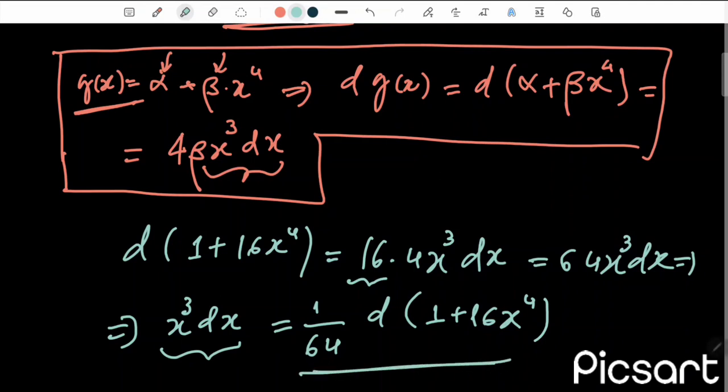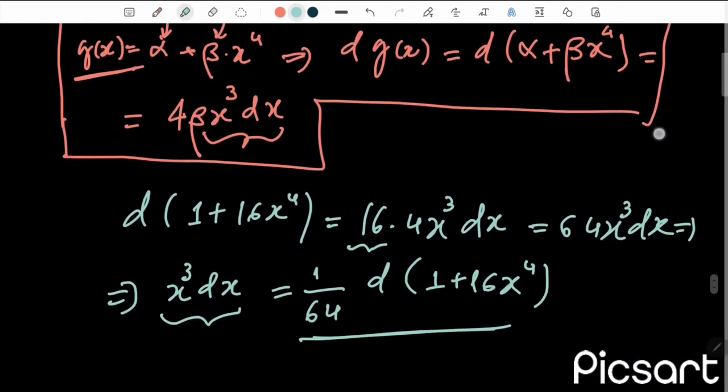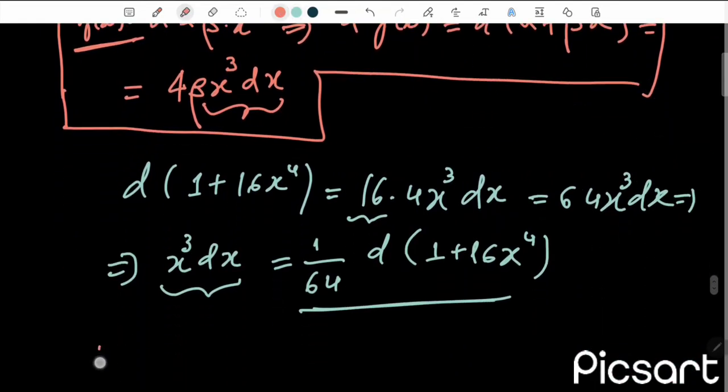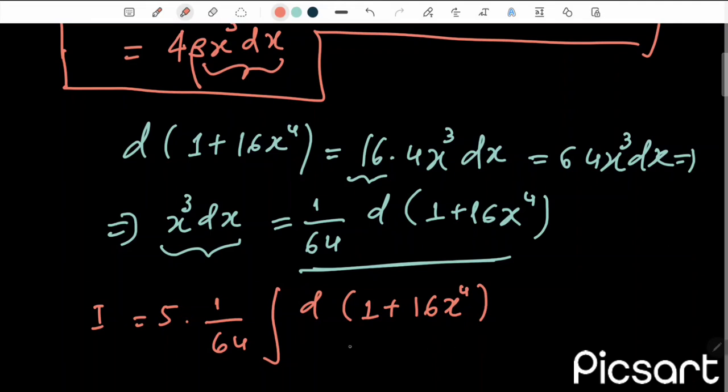We can substitute x to the power 3 dx with this expression in our integral, and we now have I equal to 5 times 1 over 64 integral of d of 1 plus 16x to the power 4 over 1 plus 16x to the power 4.